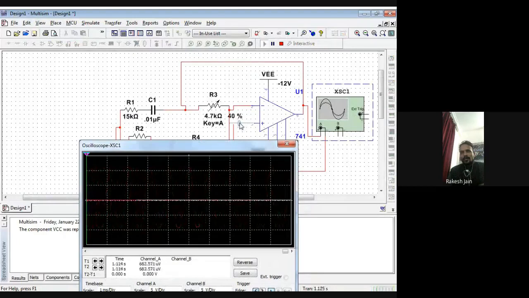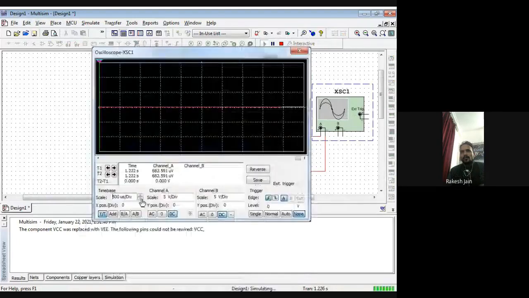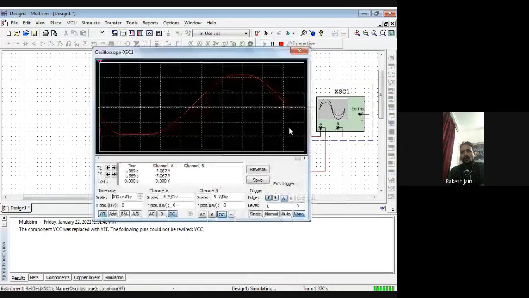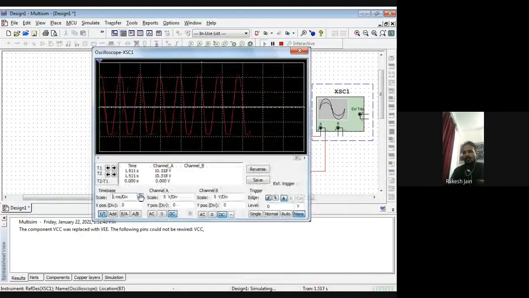Now we will check it. See this sine wave. Yes, so it is a sine wave which is the output of this Wien bridge oscillator.